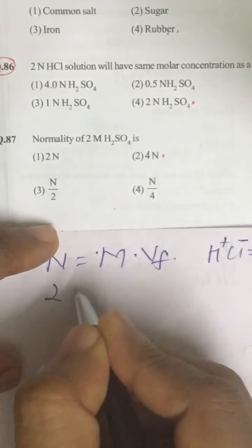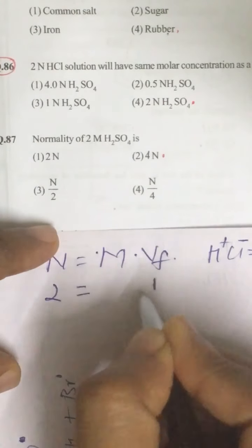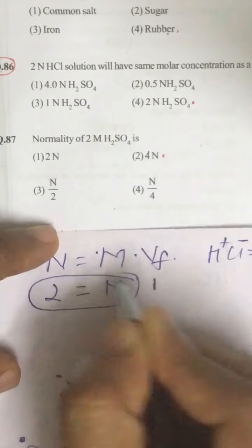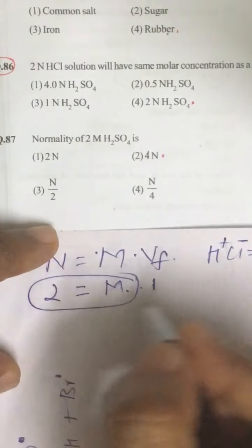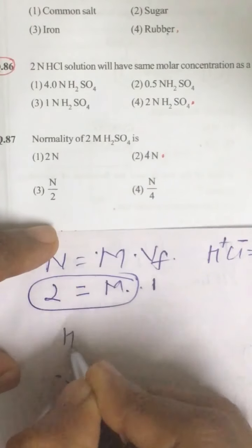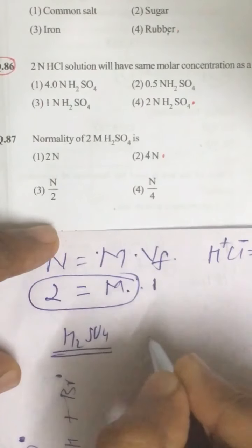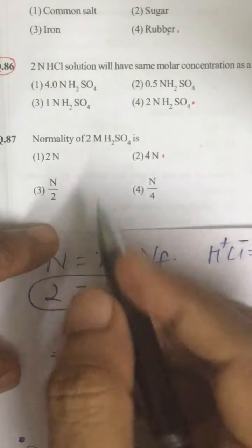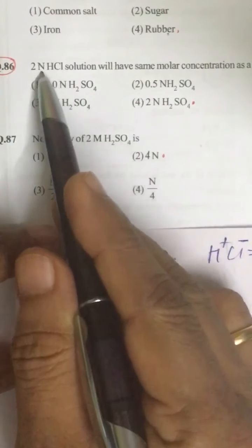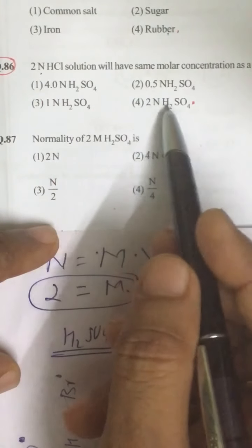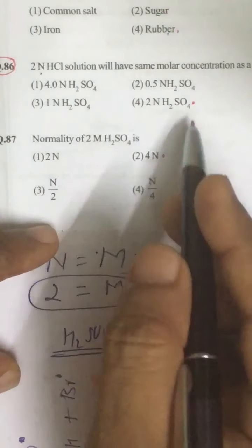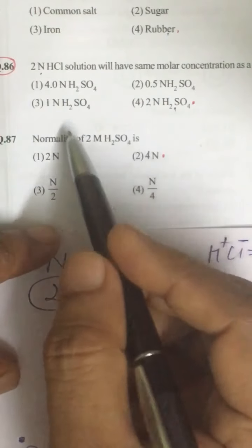So when we say 2 normal, since valence factor is 1, its molarity is 2, 2 molar. Whereas for H2SO4, valence factor is 2, it is a dibasic acid. So 2 normal HCl is equal to 2 molar. Correct answer is fourth option.